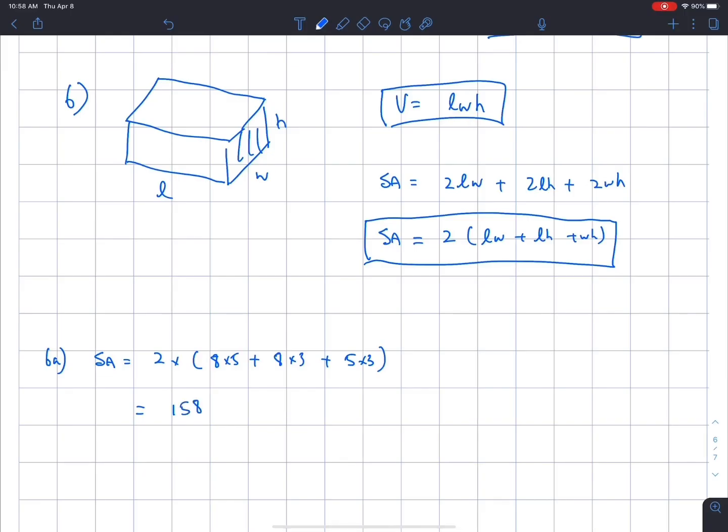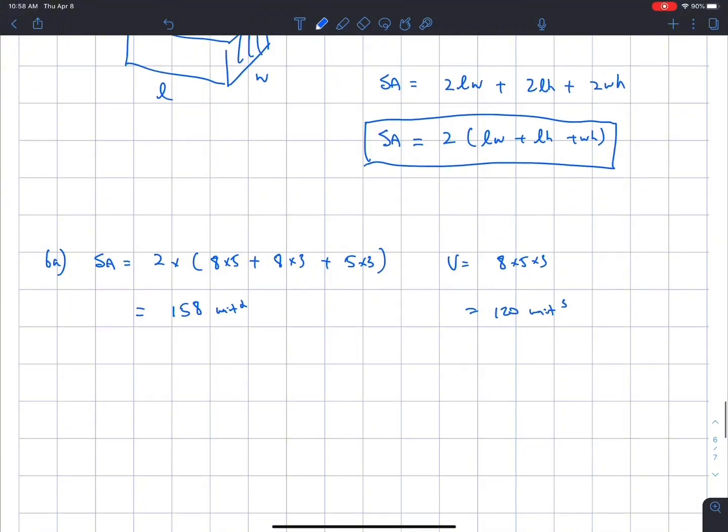I get 158. This will be in units square. The volume is just length times width times height, so 8 times 5 times 3. And we get 120. This will be in cubic units. That's it for 6a.